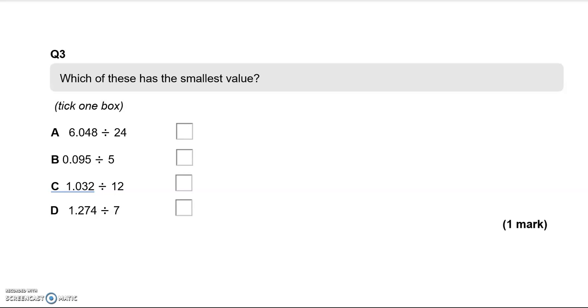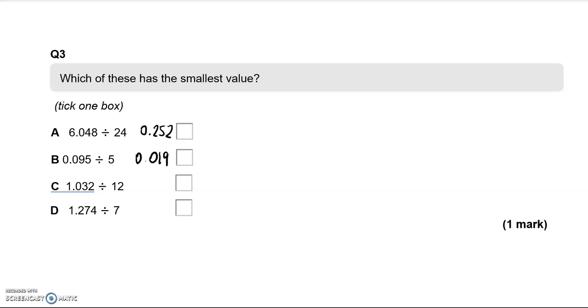1.274 divided by 7. If you use a calculator, you will find out that the first one is equal to 0.252. Second one is equal to 0.019.